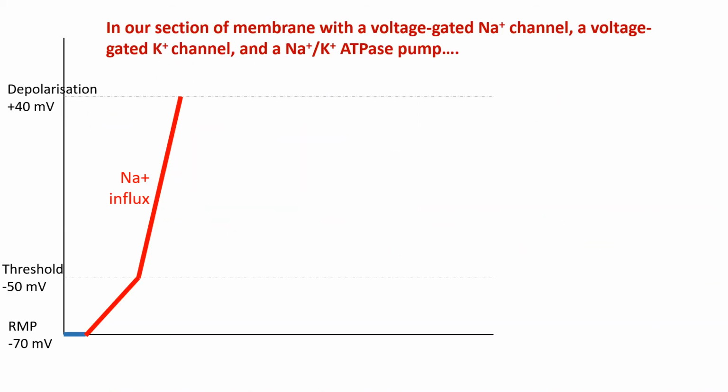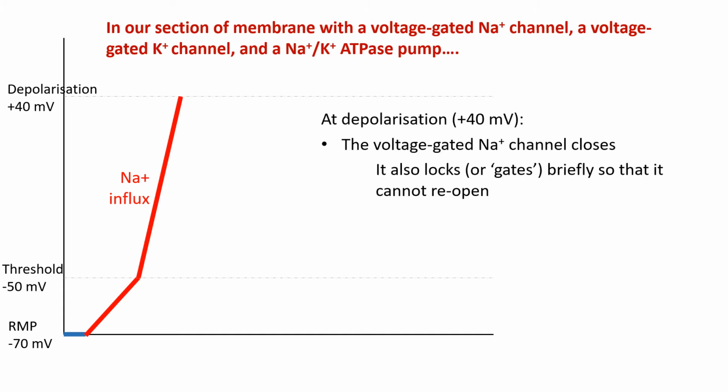So going back to our diagram then. Remember, this is our one specific original section of membrane where we all started. We got up with sodium influx to depolarization at plus 40. We now know what's going to happen at plus 40. The voltage-gated sodium channel closes. It also has an extra lock. We'll talk more about that in a minute.